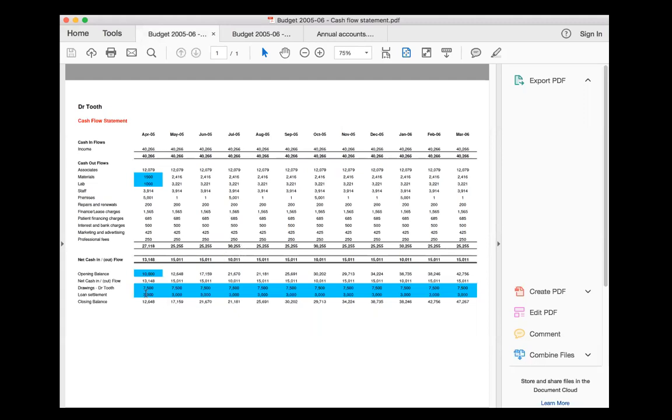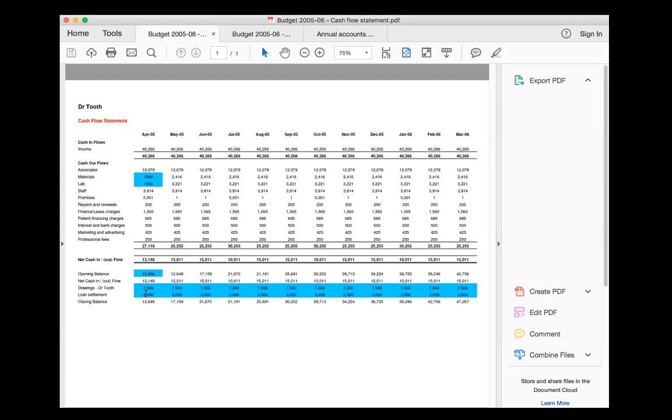What I'm trying to highlight here is that there are different tools to help you understand. If you're running a practice, my advice would be to prepare a budget for your next 12 months for the profit and loss, but also prepare a forecast of cash flows for the next 12 months. And then track your performance against your budget on a month-to-month basis, okay?